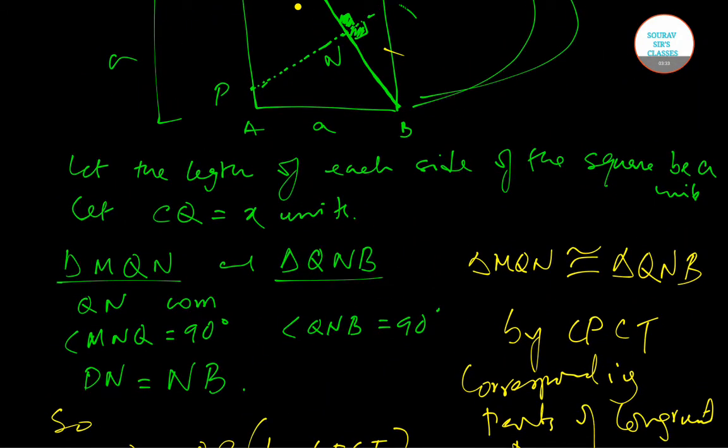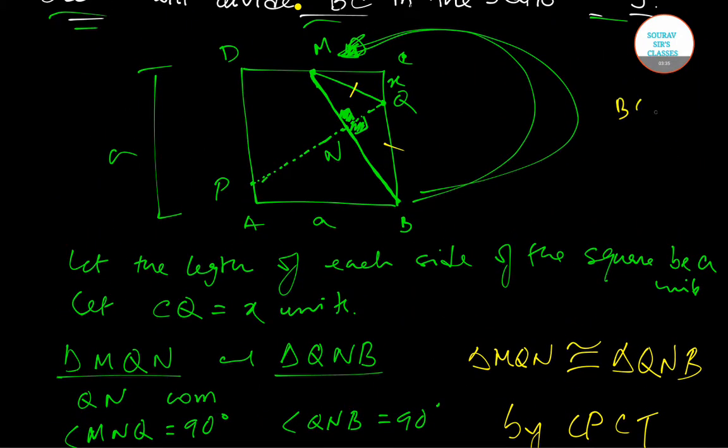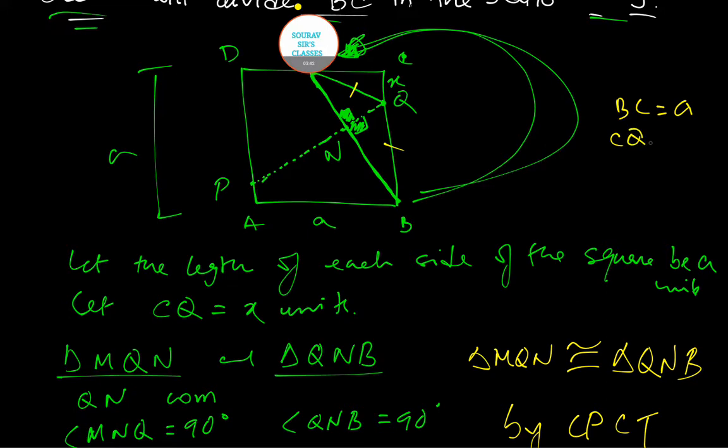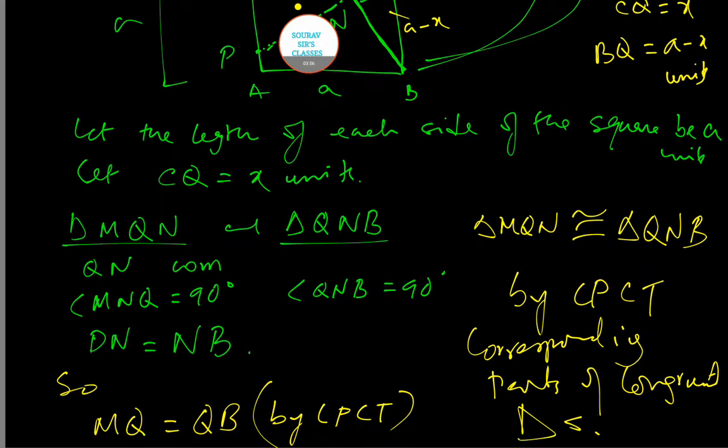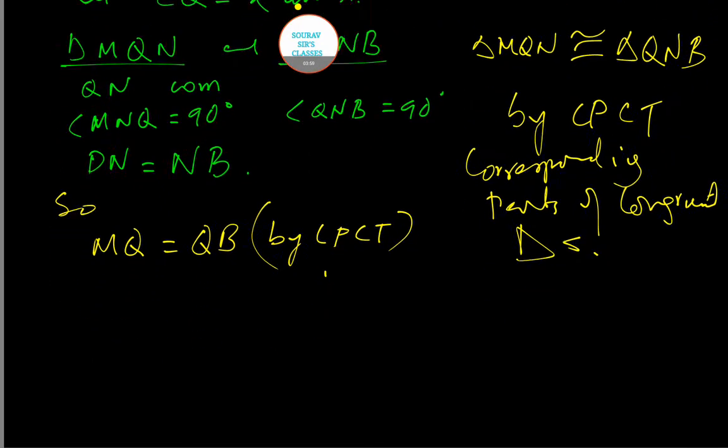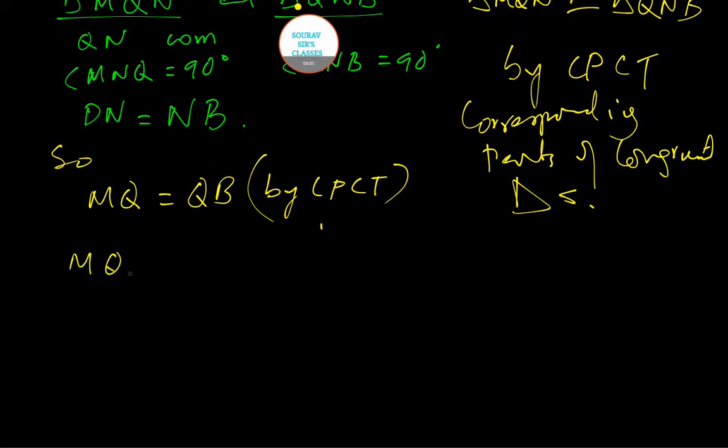Hence, let's say BC is of length A, because we have taken each side of the square as A, and CQ as X. So BQ equals to A minus X units. So this is A minus X. Subsequently, this will be A minus X also. So what we have now is MQ as A minus X, which is equal to QB.